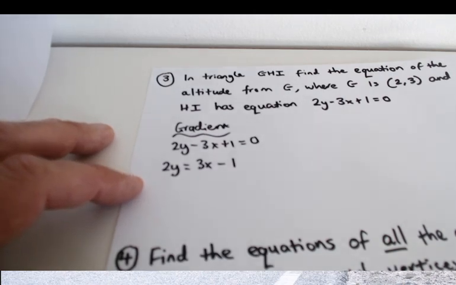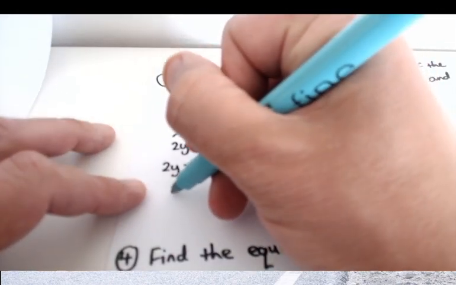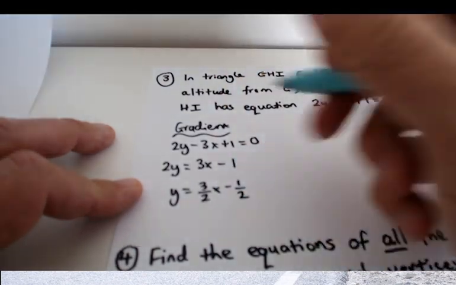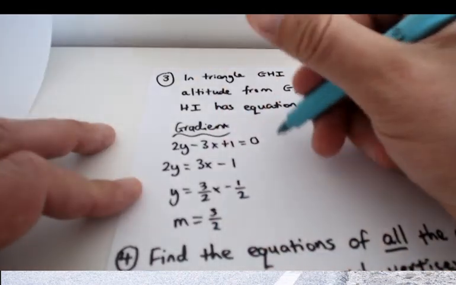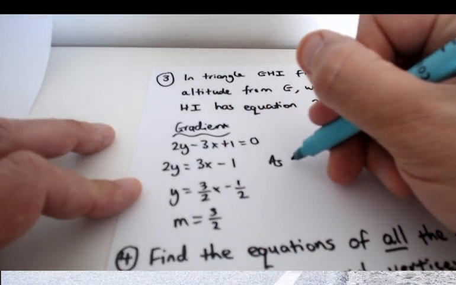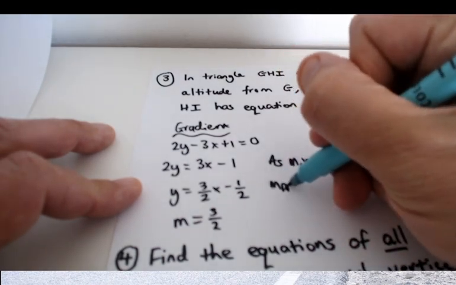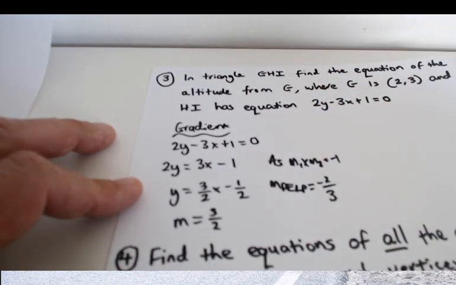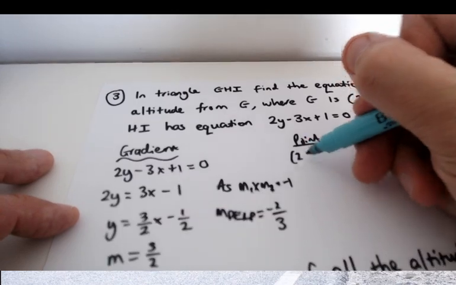The gradient is the number in front of x when the equation says y equals, so let's divide by 2. Like so, and now the gradient is 3 over 2. That's not the gradient I want though, I need to do a perpendicular gradient. So I write my wee statement, m perp, turn it upside down, change the symbol, the gradient I'm using is minus 2/3. Point, it's the altitude from G, and G is the point (2, 3).